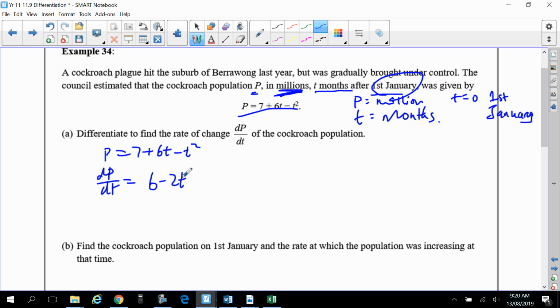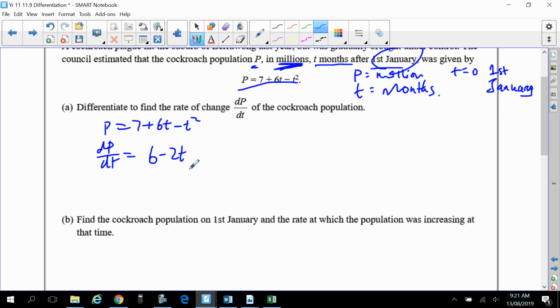Okay, now we're going to do part B. It says, find the cockroach population on 1st of January. So again, do one thing at a time. We're going to find the value of P when it's 1st of January, t equals 0, and the rate dP/dt when t equals 0, and whether the population was increasing at that time.